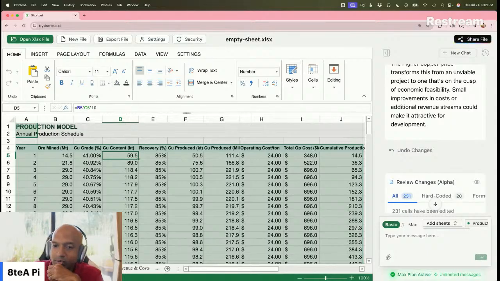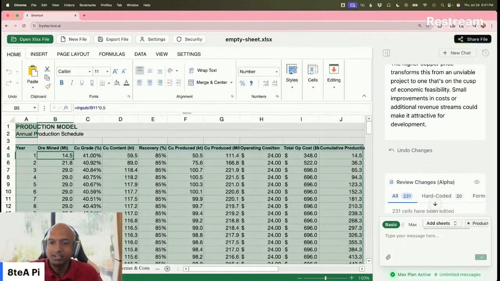So we got 5.9 million tons, and you should divide by 1,000 to get the kilotons, which would be 5945. And then you should divide by another 100. Oh my gosh. Okay, so it fixed things on its own. The formulas are wrong, and it just kind of fixed things on its own.